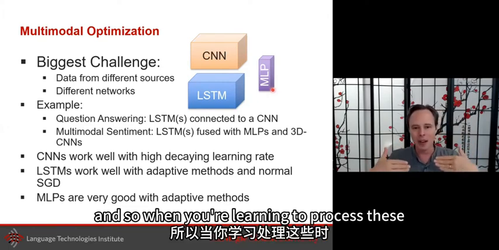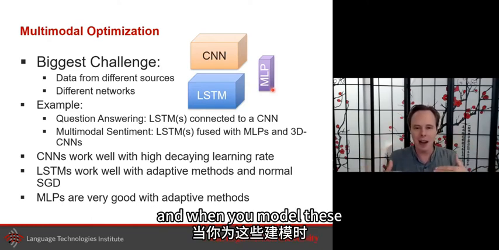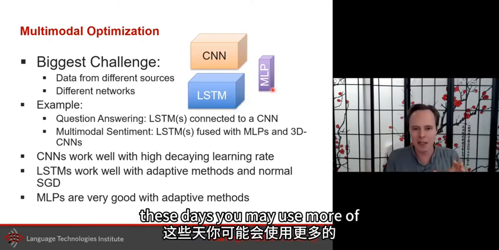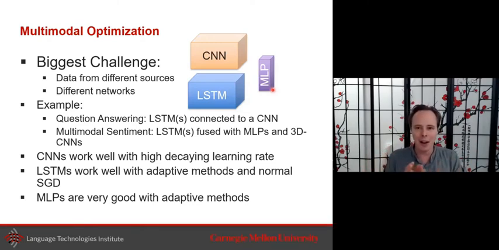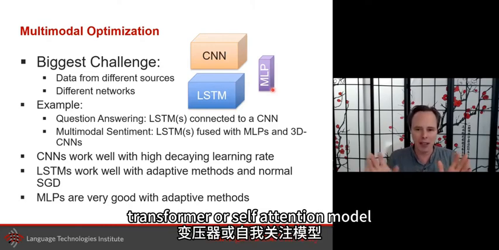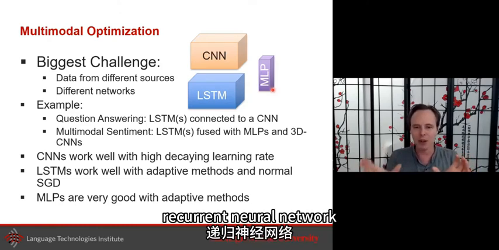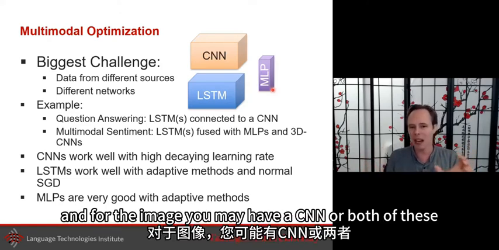And so when you're learning to process and model these, for the language, you may have a recurrent neural network, or these days you may use more of a transformer or self-attention model. But for simplicity, let's use a recurrent neural network. And for the image, you may have a CNN.